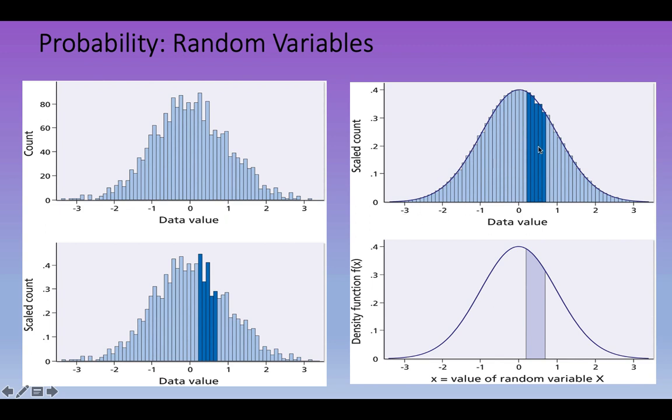And then if we want to see what's the probability that if I pull a value at random, based upon this probability distribution function, in other words, based upon this curve, that I'm going to get a value in this range, I can use that density function and that interval of x to calculate the area underneath that curve.